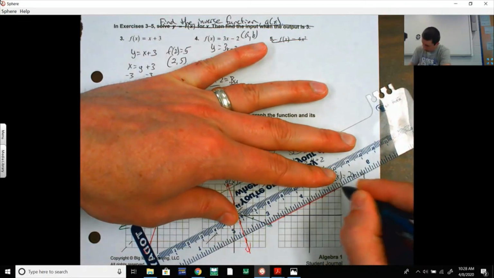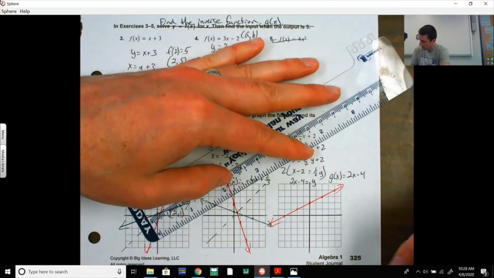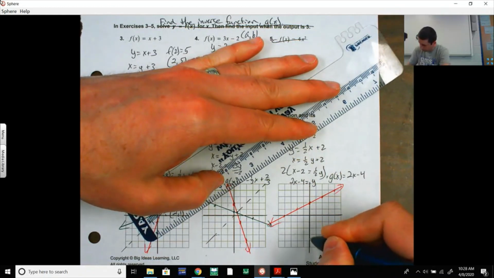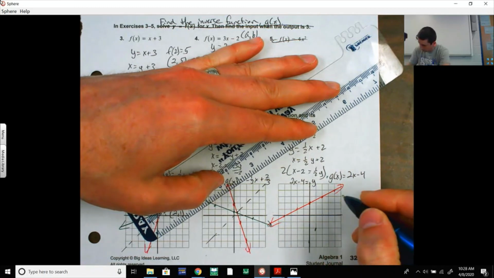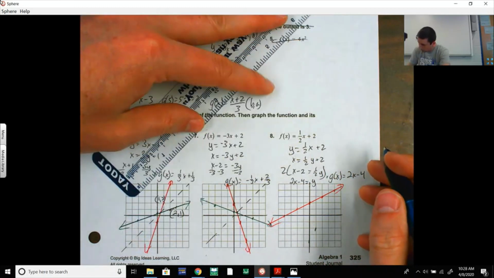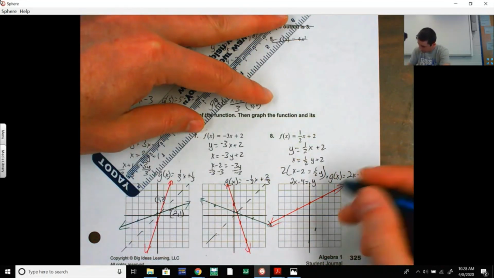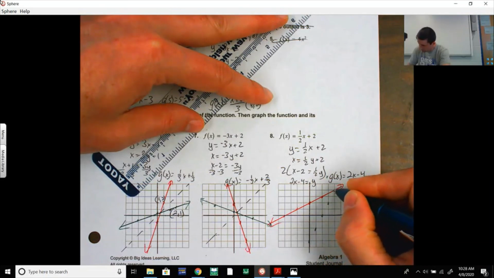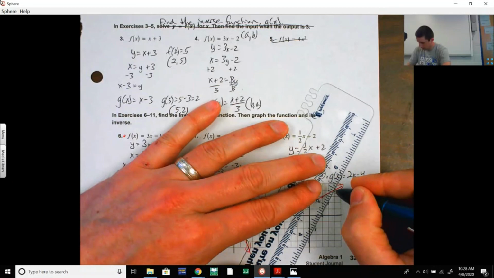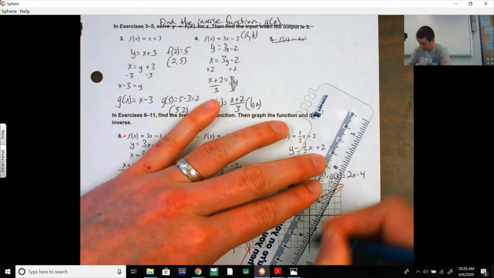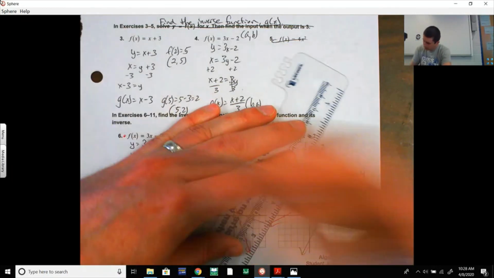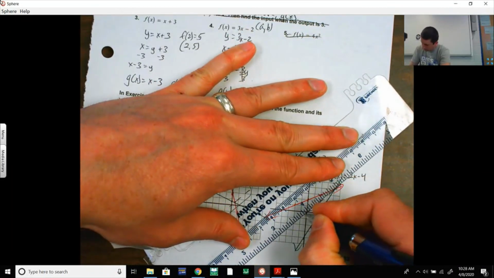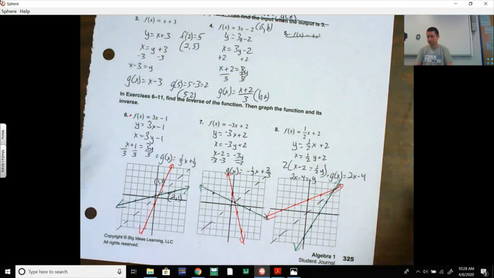And there's one of them. 2x minus 4, 1, 2, 3, 4. At first I was like, oh, this doesn't look right, but now I'm good. Okay, here's my inverse function, and it's symmetric right over.